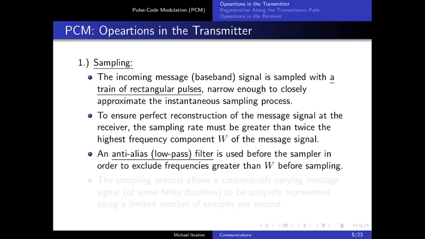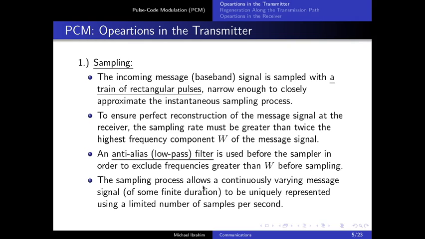That's why we always need to use an anti-aliasing filter to exclude frequencies larger than W before we perform the sampling process. This way, the sampling process allows a continuously varying message to be uniquely represented by a limited number of samples per second. And by uniquely represented, we mean that we can recover the original message using these samples.